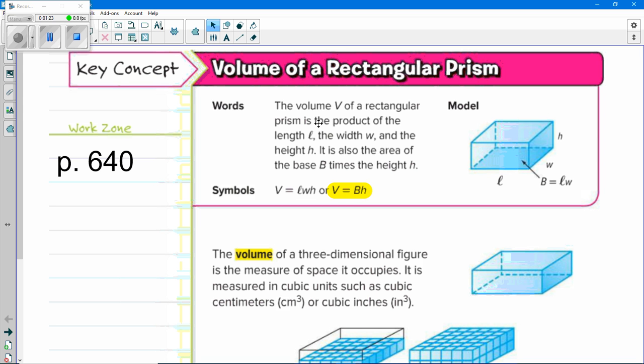The volume of a rectangular prism is the product of the length, the width, and the height. It is also the area of the base, B, times the height, H. The area of the base. So just like we started before, start with the bottom, get the area of the bottom, length times width, and then multiply it times the height. That's where it's different. We're going to figure out how much we can fill this box with.